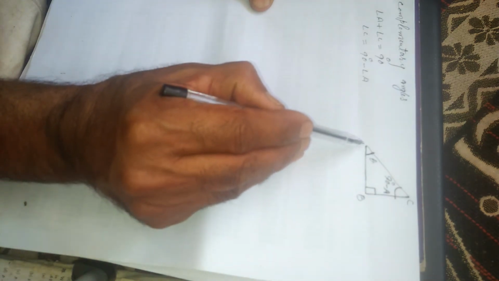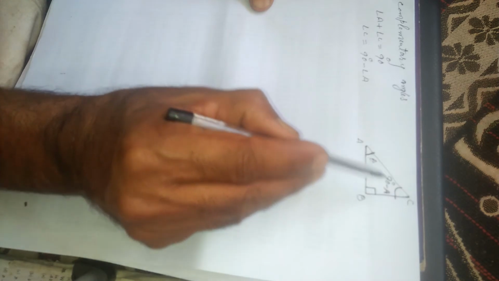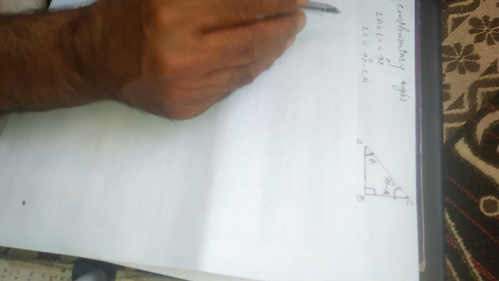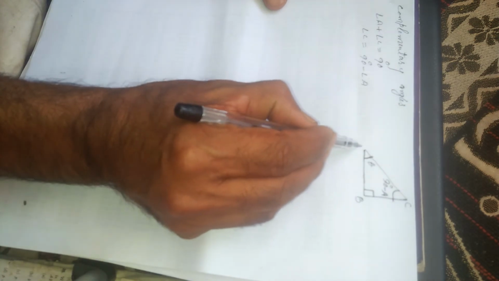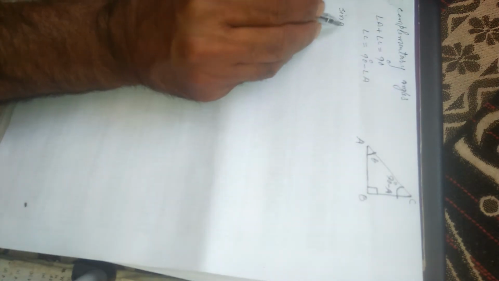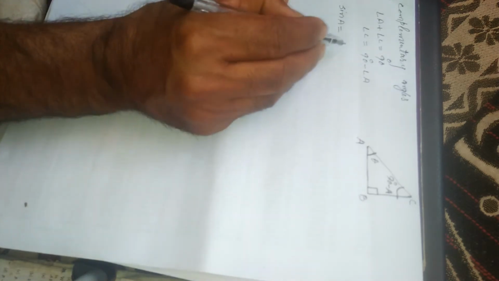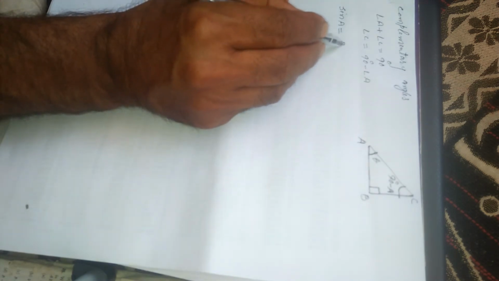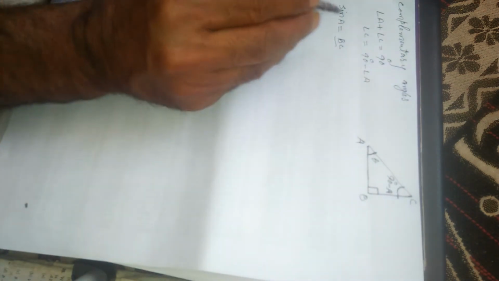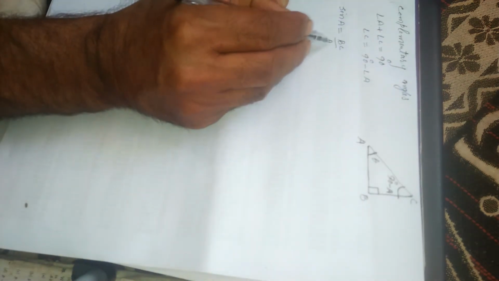Also base is also called adjacent side to angle A, and perpendicular is the side opposite to the angle A. Now write all the values for angle A. Sine of angle A is equal to perpendicular upon hypotenuse, BC upon AC.